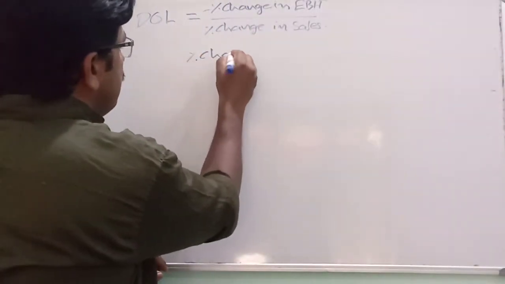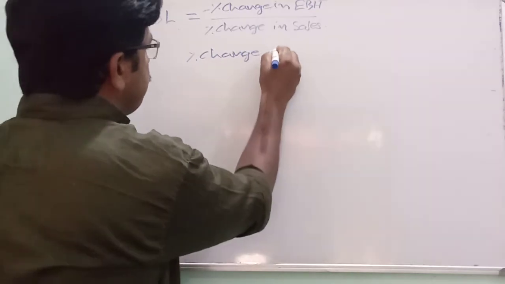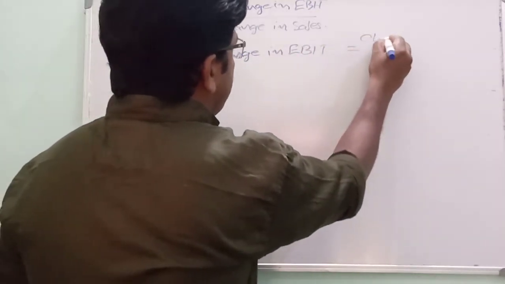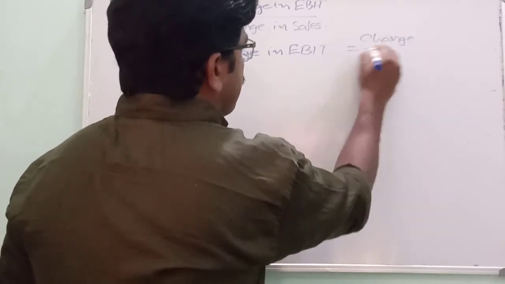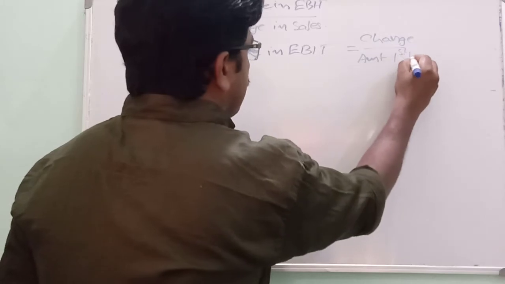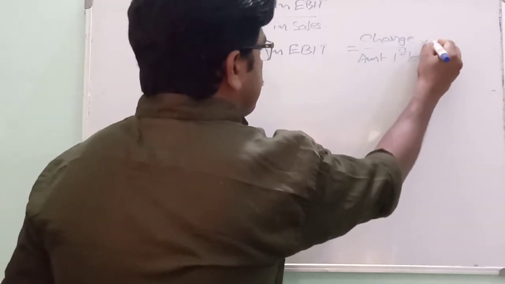Percentage change in EBIT is equal to change divided by amount at first level, into 100.